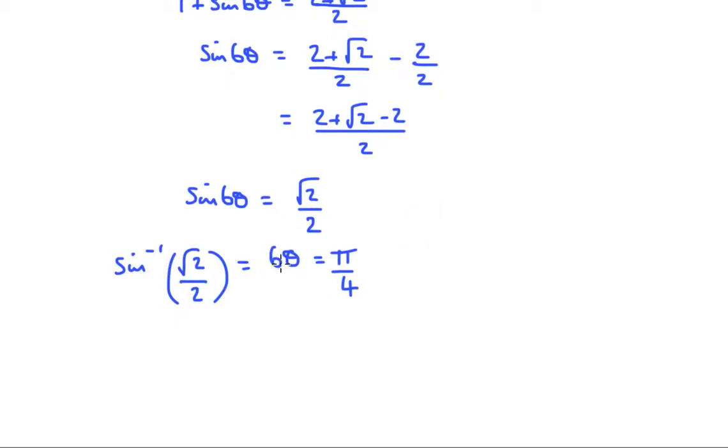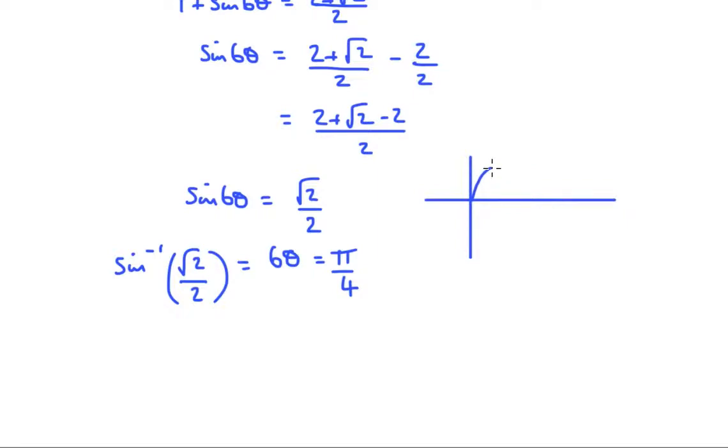Notice that this is 6 theta, which means we have to extend the range that we were given by 6 lots. There's going to be 6 times as many answers in this than there would be if it had just been theta. So the range we were given was 0 to pi over 2.